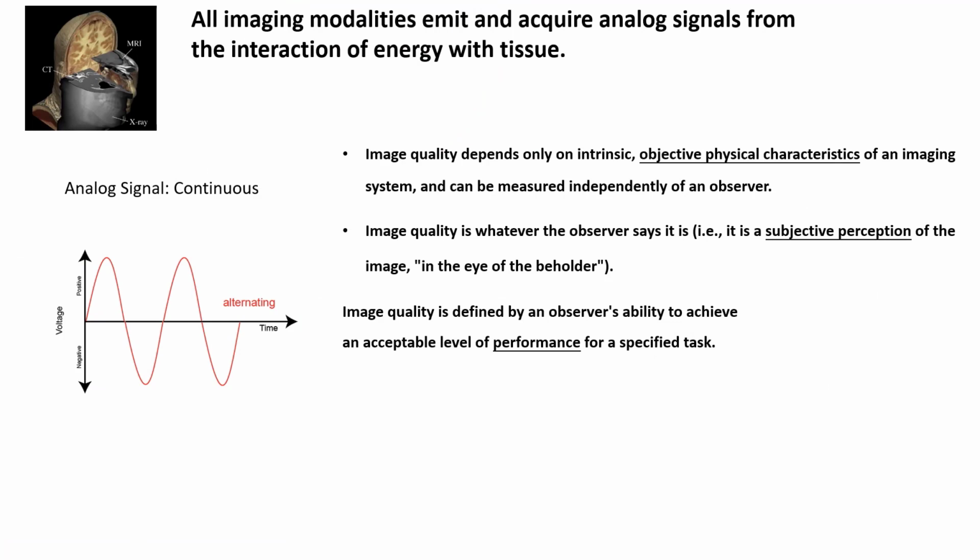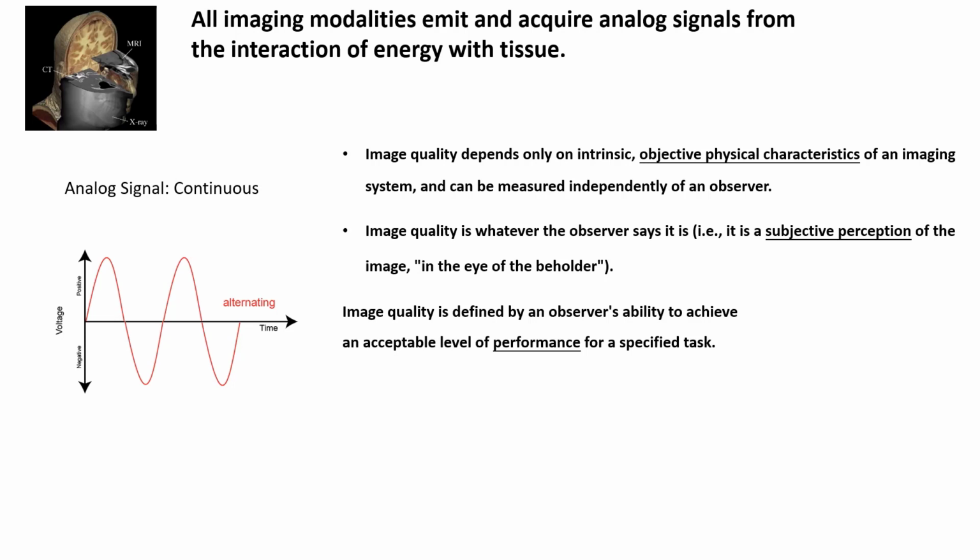All imaging modalities emit and acquire analog signals from the interaction of energy with tissue, which are used to create images. Image quality depends only on the intrinsic or objective physical characteristics of an imaging system and can be measured independently by the observer.